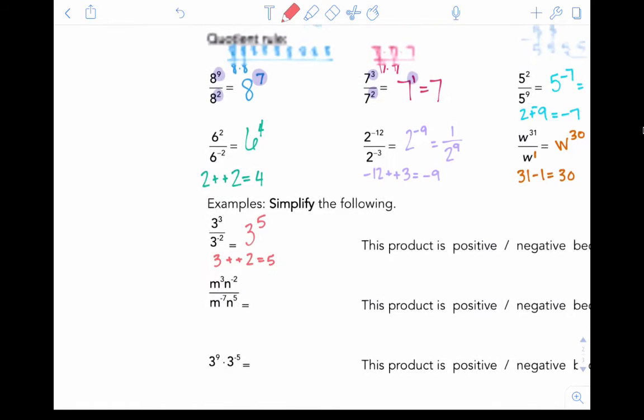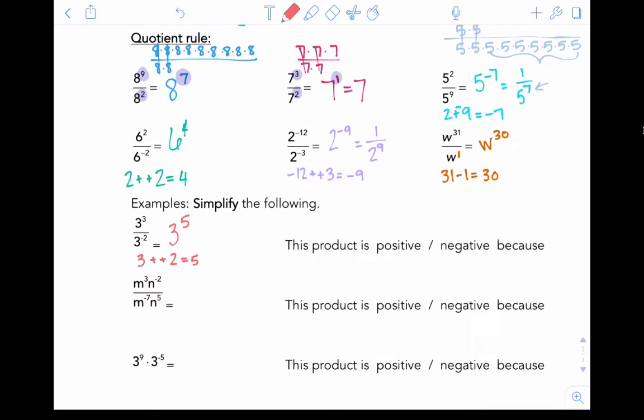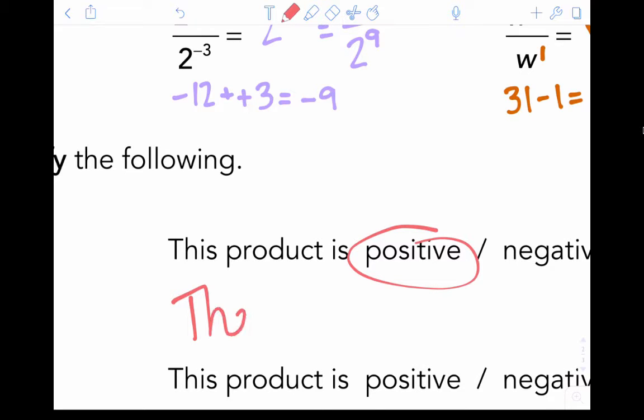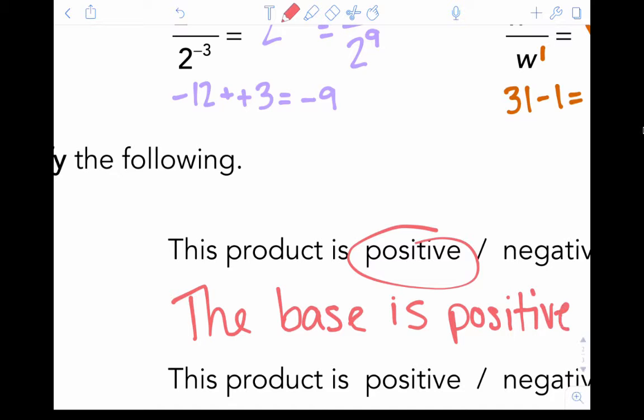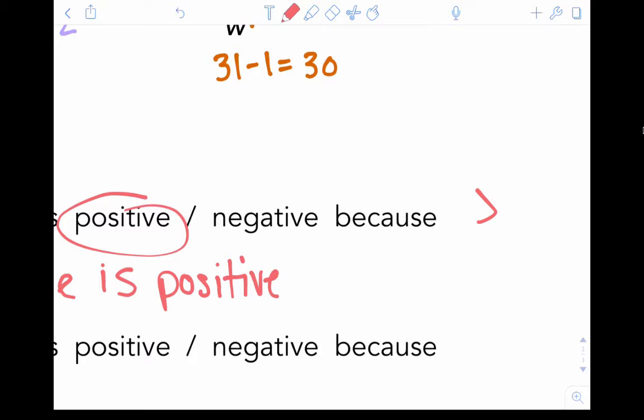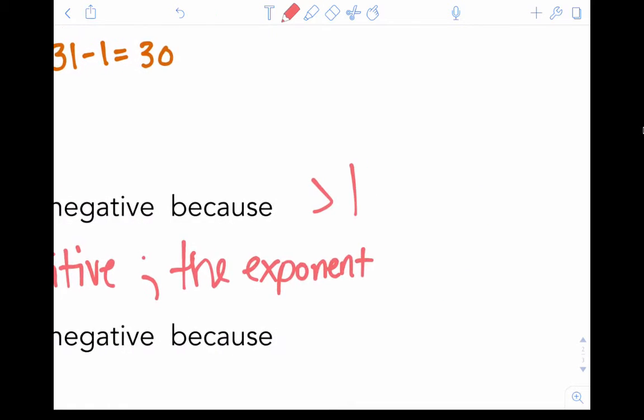Now 3 to the 5th, if I were to multiply that out, is going to be a positive number, because the base is positive. And it's going to end up being greater than 1. If I'm comparing less than 1 or greater than 1, it's greater than 1 because the exponent, once we did the division, is positive.